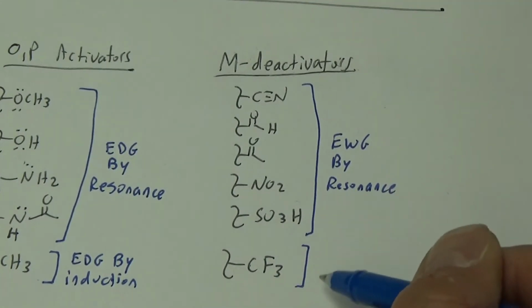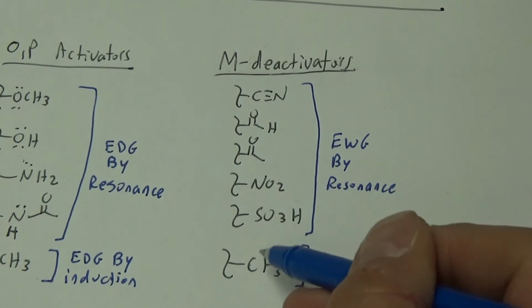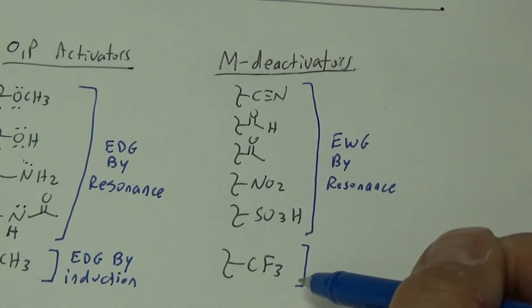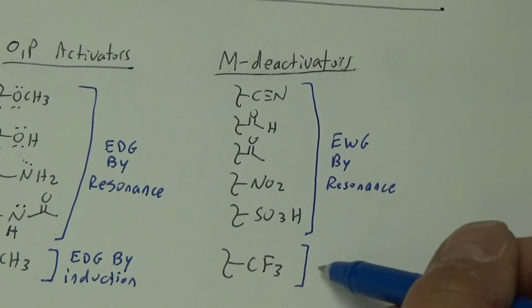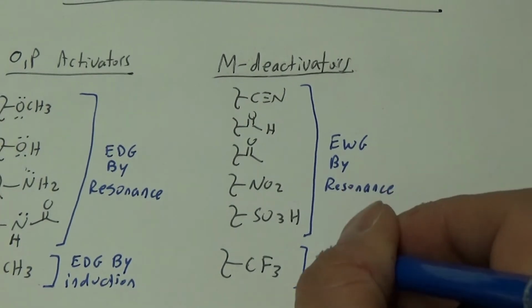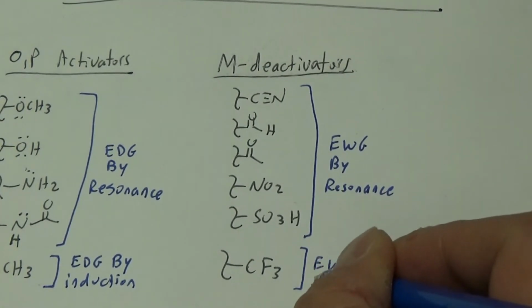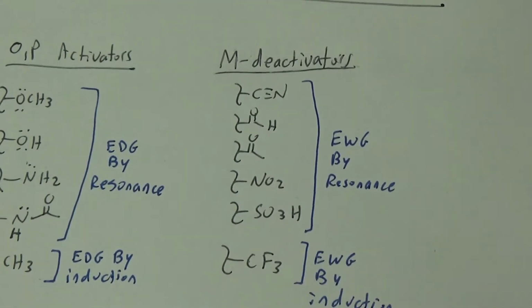But this is not electron withdrawing by resonance. You can't form double bonds because you have 5 bonds to carbon. So it's just the fluorines are pulling on the carbon. This is induction. It's going through the single bonding network. So these are electron withdrawing by induction. Cool.